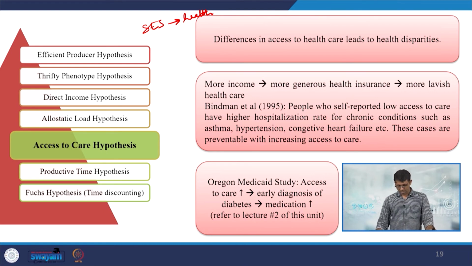The Oregon Medicaid study emphasizes this aspect and discusses whether access to care increases early diagnosis of diabetes, etc. Medication cases are also expected to be higher, which will actually deal with the issue. Okay, you can check this example in a search and you will find how care is emphasized.